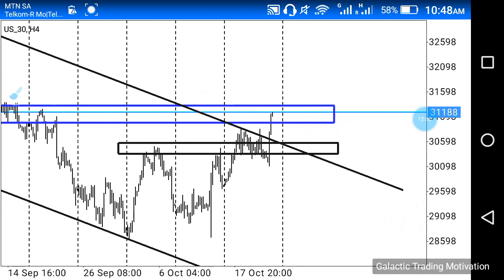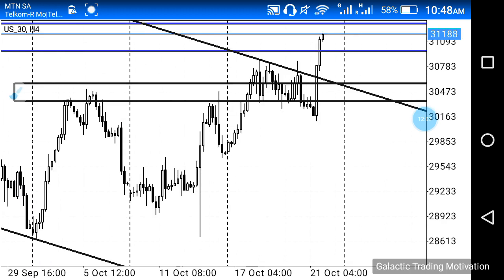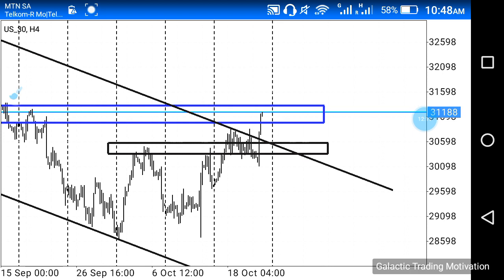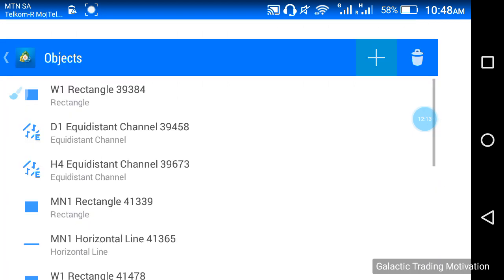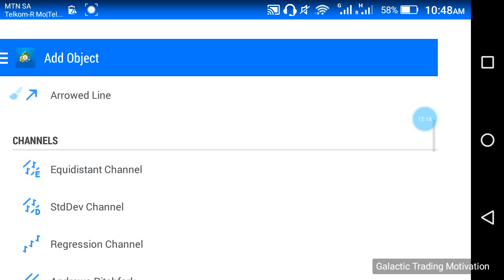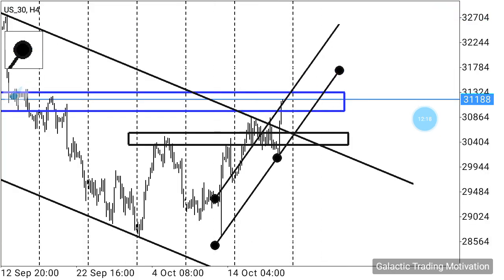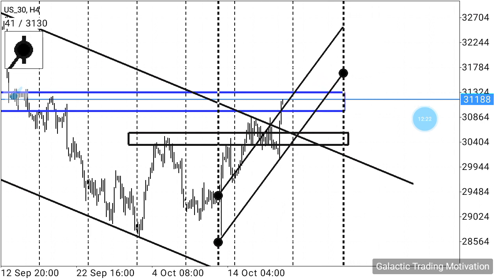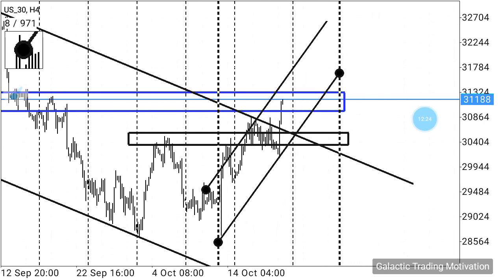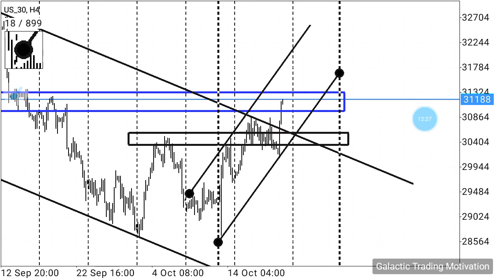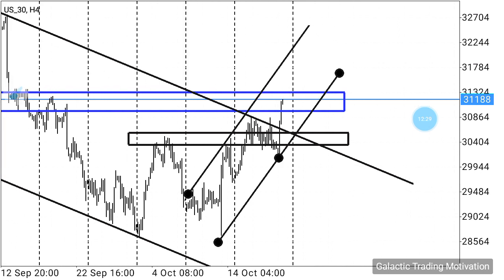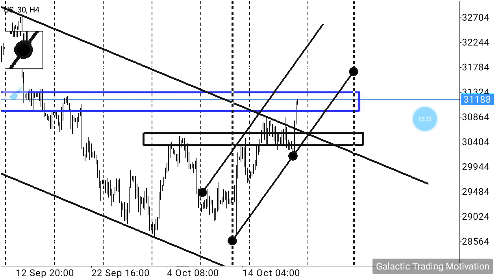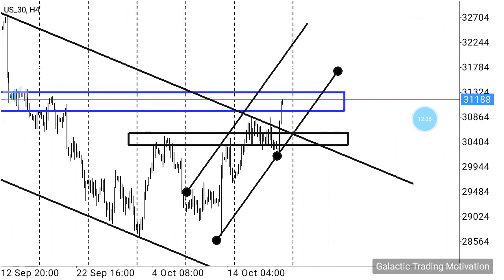On the H4 chart, the first thing that I'm going to do is to add my H4 channel as well. There goes my H4 channel. I just want to make sure that it is very much in line.